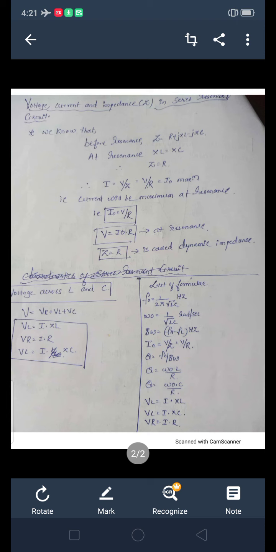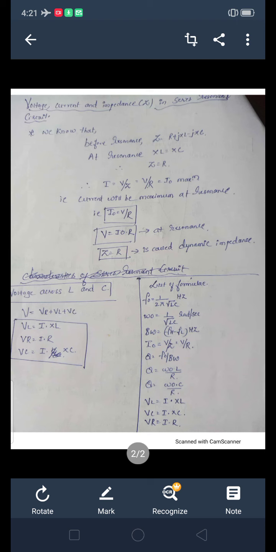We will see later. And one more point I have told you while I started the explanation of series resonance circuit: series resonance circuit is also called acceptor circuit. Why it is called acceptor circuit is because here the current is going to reach its maximum value when resonance is achieved. Therefore, it is accepting the higher value, acceptor.